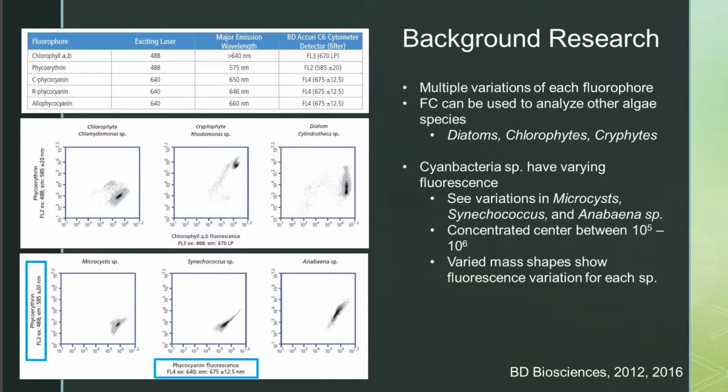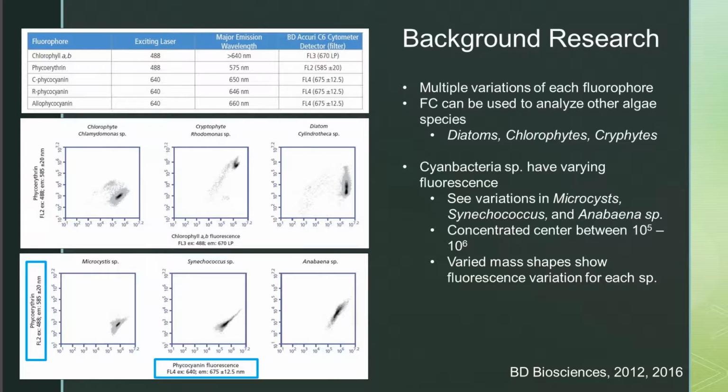And then down here, this middle picture, you can see that the flow cytometer, the same model that we use, was actually used to collect data on different kinds of algae in the water, including diatoms and chlorophytes and cryptophytes. So this piece of machinery can be used for many, many different things. It just depends on where those things fluoresce and if they have a natural fluorescence and if we're able to detect that.